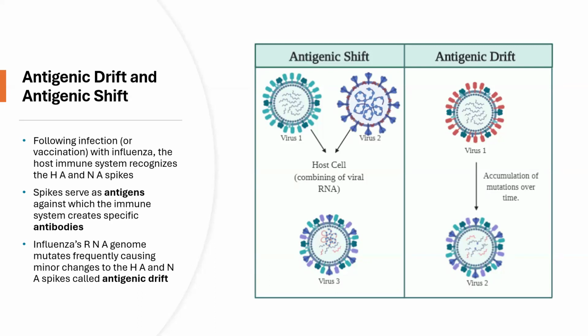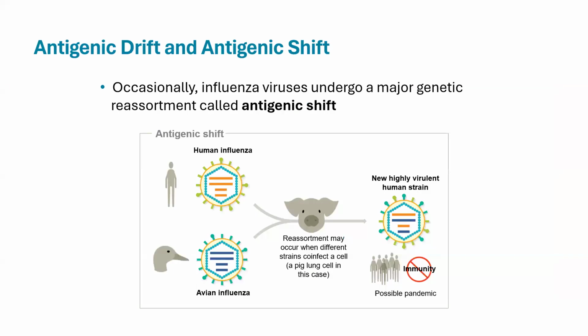You're just getting a small accumulation of mutations over time. And that's the drifting. To me, drifting is a slow process. If you're drifting out in the water, you're moving very slowly. If you're antigenically drifting, your antigens, which in this case are the spike proteins, are drifting very slowly.